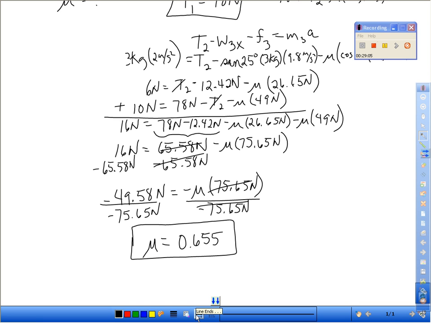So I've got T1, I've got my mu, now I need to get my T2. So I'm going to go back to one of my equations. I think the easiest one to deal with would be this one right here, T2 minus W3X. Well, we said W3X was 12.42 minus mu times 26.65.